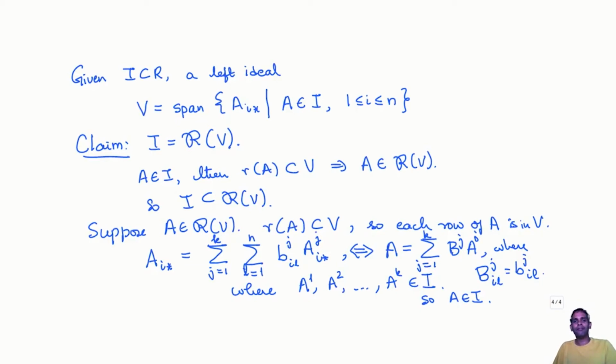So this shows that every left ideal in R is of the form RV for some vector subspace V of K^n. And a similar reasoning using columns instead of rows will show that every right ideal is of the form CV for some subspace V of K^n. What about two-sided ideals in R?